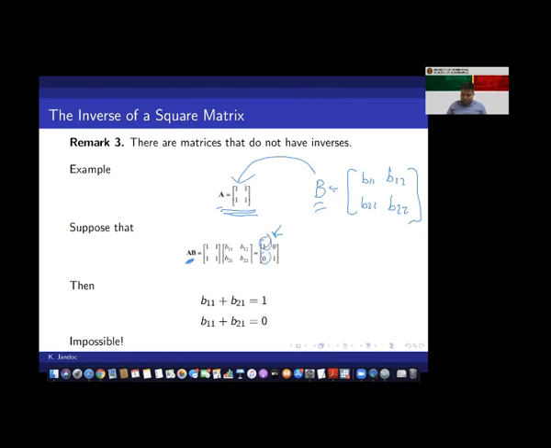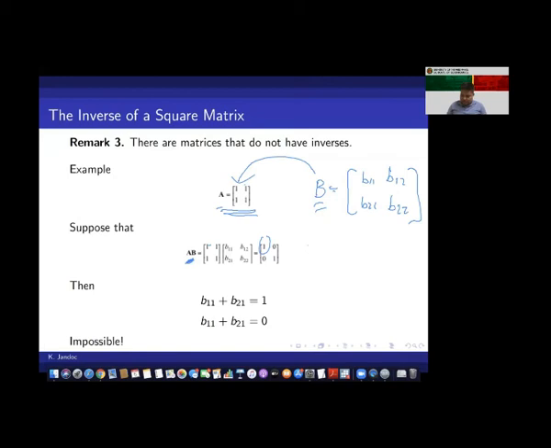Now let's do this entry over here. How do you get this entry? Well, you get the inner product of the first row and the first column of matrices A and B respectively.